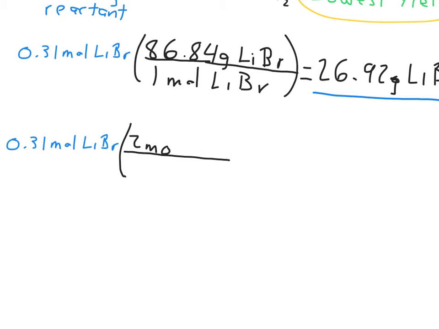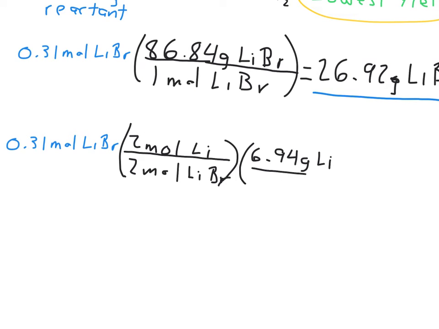So I know that I need 2 moles of lithium to produce 2 moles of lithium bromide. That's the first conversion factor, because I have to change from moles of lithium bromide to moles of lithium. So this is a mole-mole conversion factor. And I need the other factor to change from moles of lithium to grams of lithium.